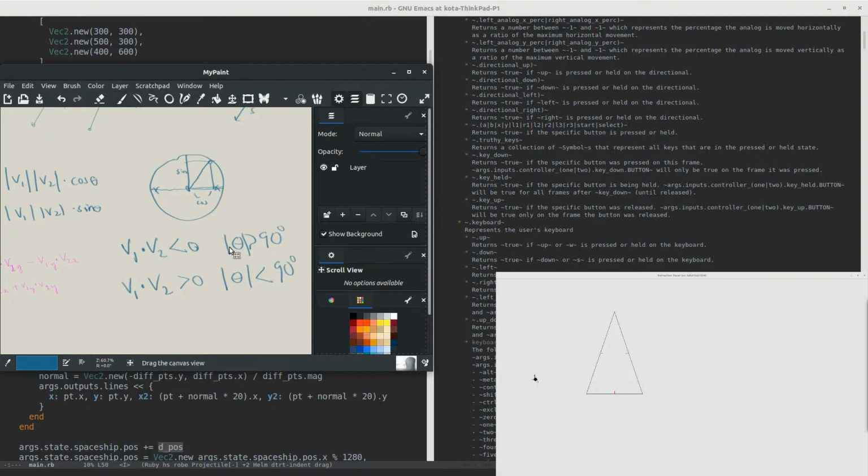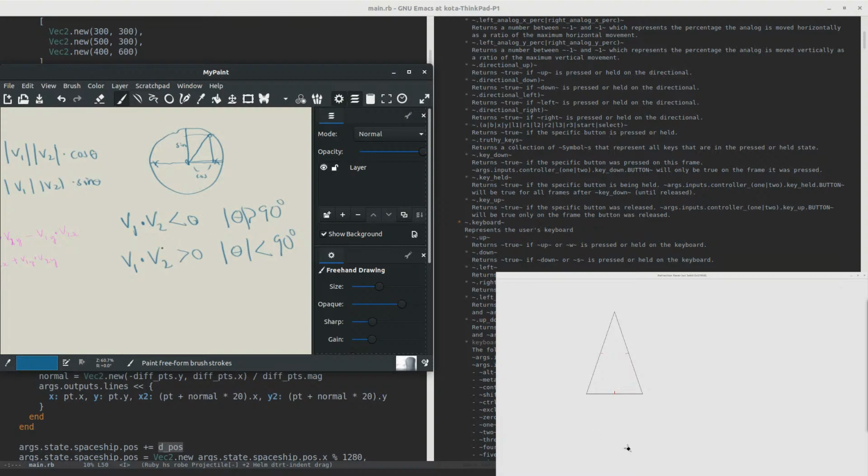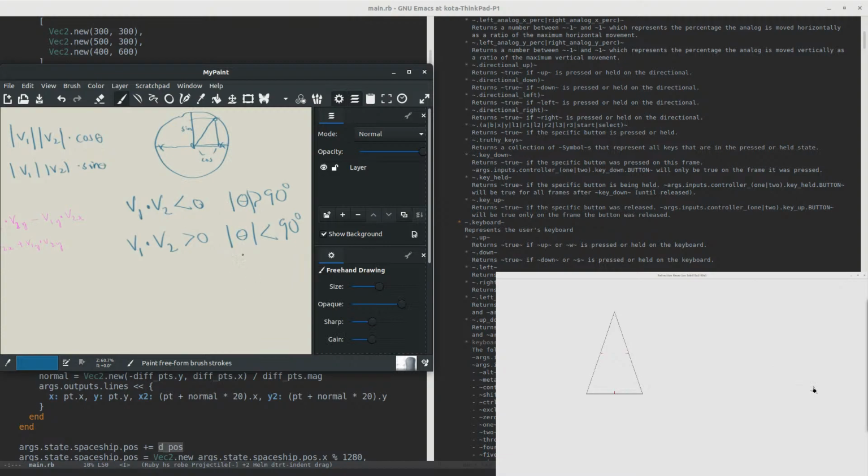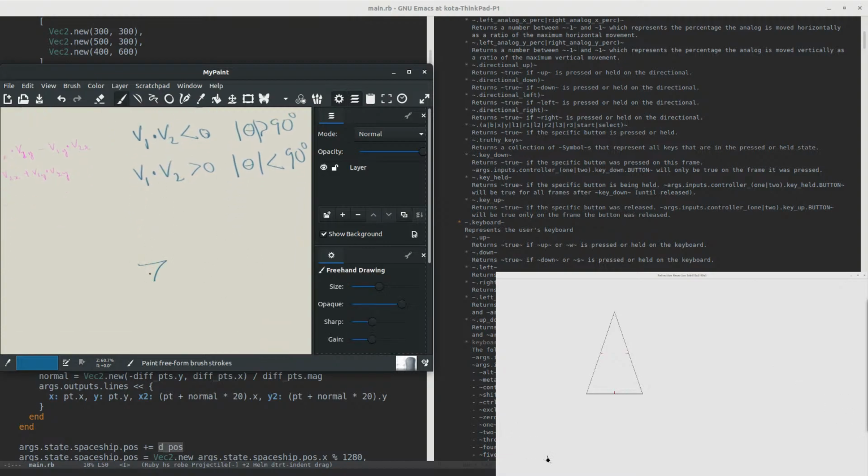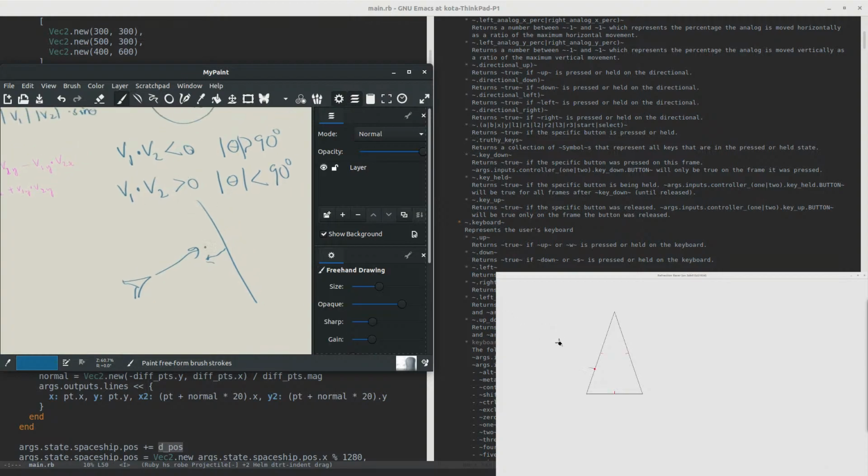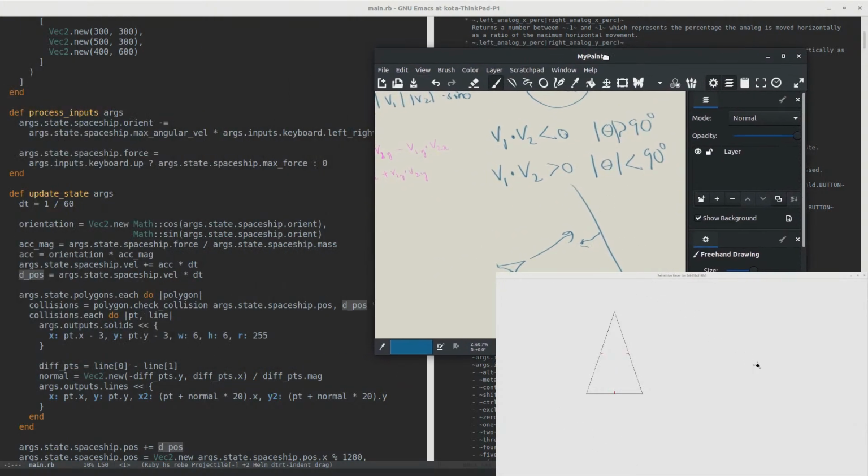That's good. Okay, so basically all we're looking for is the case where we have our spaceship going towards the line and we have our normal vector, we're looking for the case where this dot this is, I think we want it to be negative, and that will give us the correct direction.